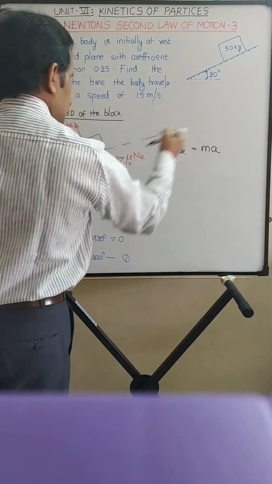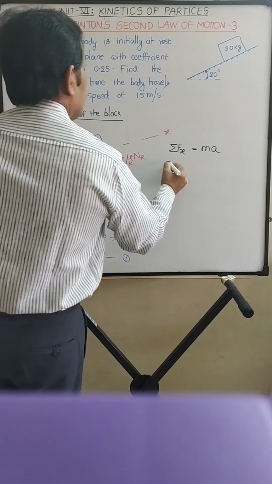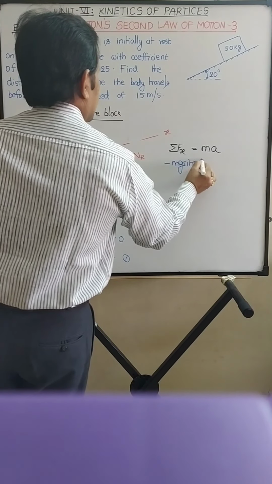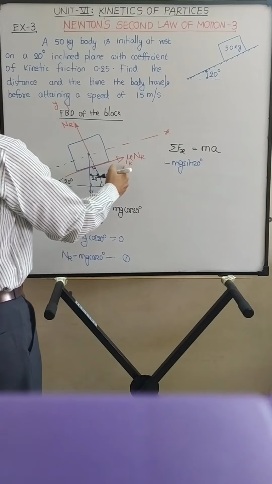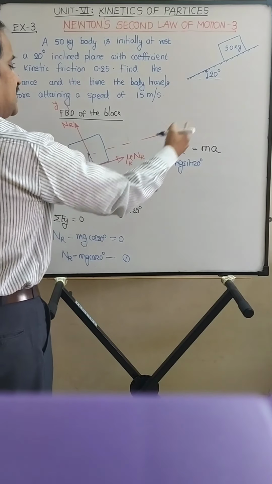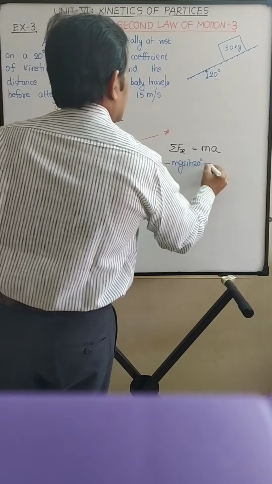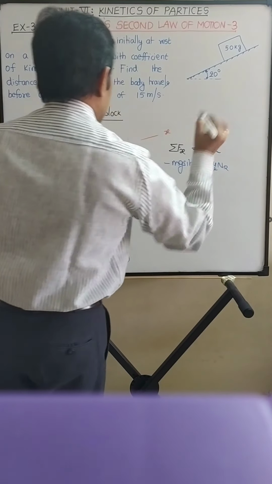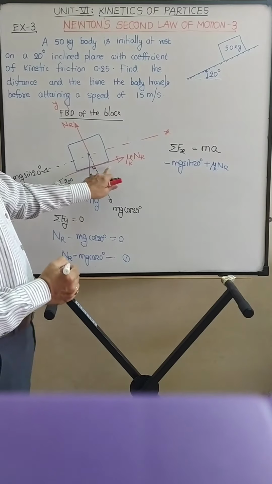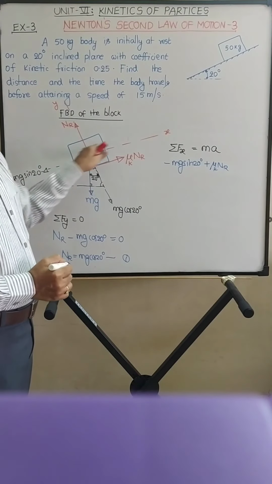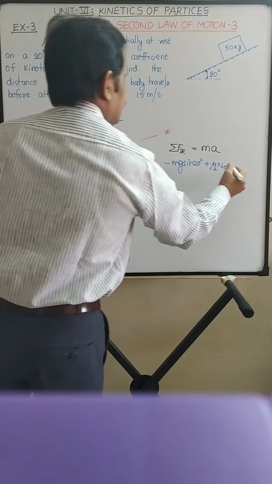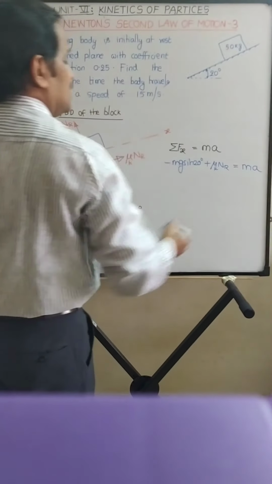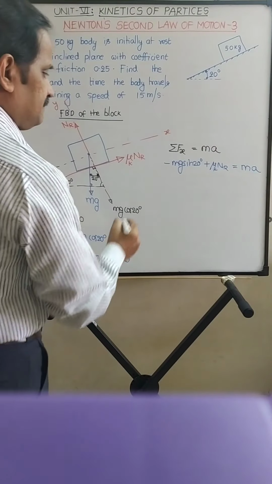I am taking this as negative x-axis. Minus mg sin 20, and this mu k into normal reaction is acting in the positive direction. So plus mu k into NR, right? Only these two forces are acting in x direction. So this resultant force is equal to mass into acceleration of the block.